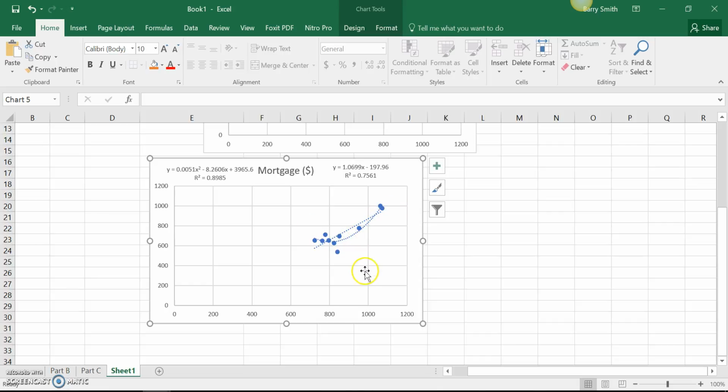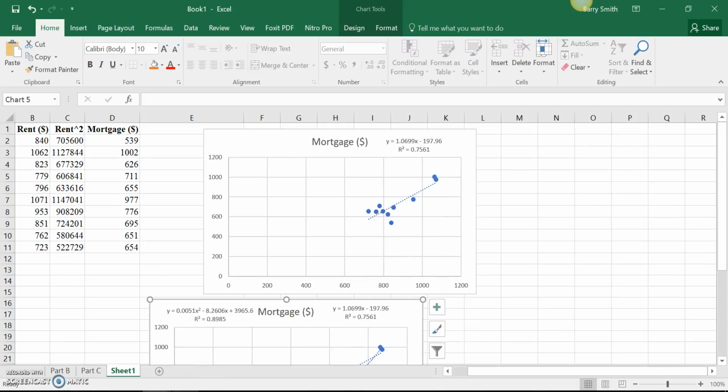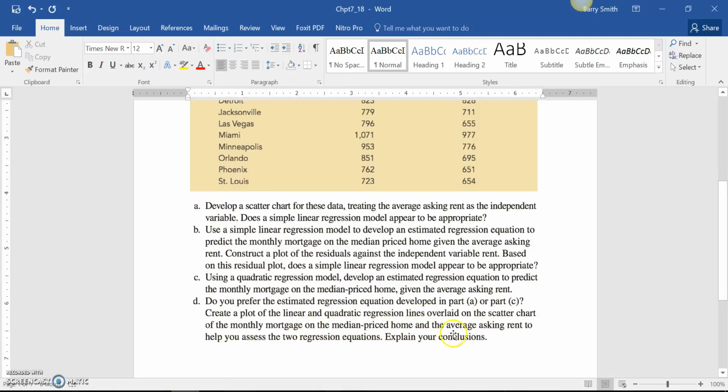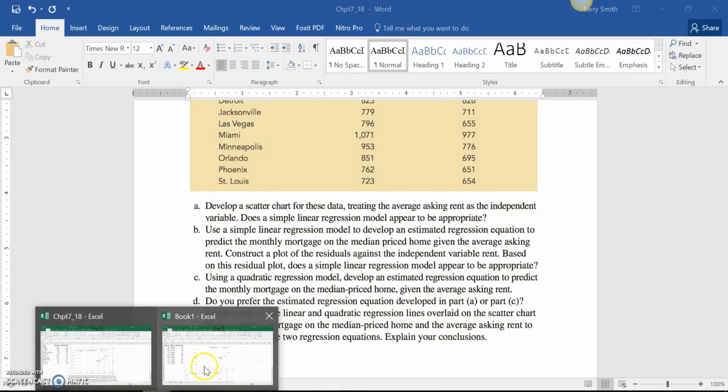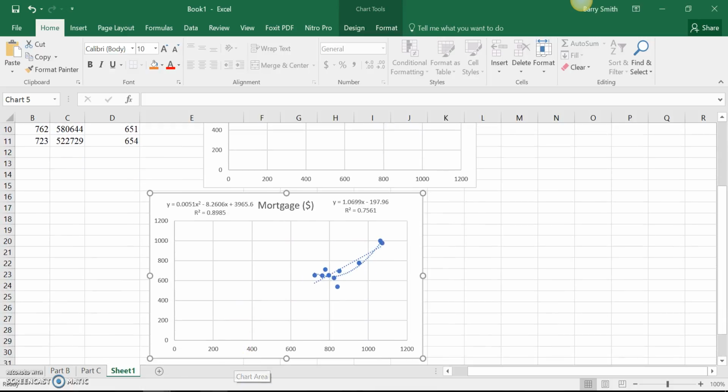The quadratic looks a lot better. And so in this case, I would say the quadratic is the way to go. And not only did the residuals look better, but the equation looked better as far as fitting on the curve when you actually draw that graph here. Alright, so that hopefully will help you with a problem like 7.18, and I'll do others later.